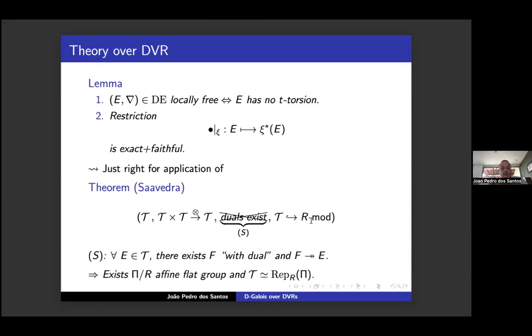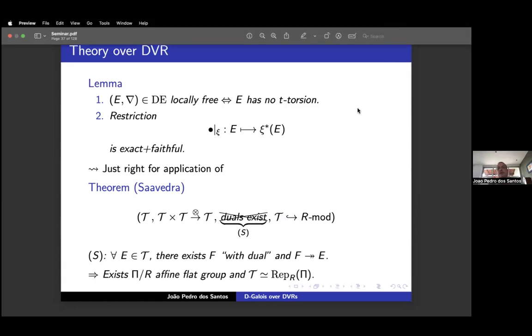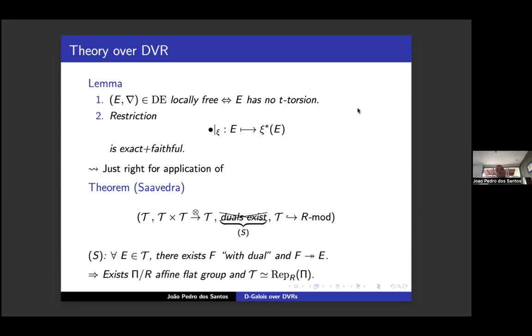And the conclusion is that there exists some affine and flat group scheme whose category of representations is just T. So at the end you have the same theorem, and you need to take care of this condition of duals existing or not.